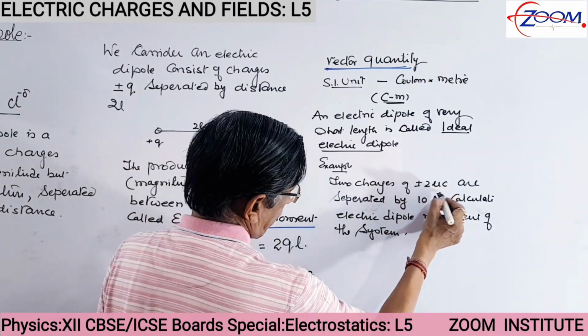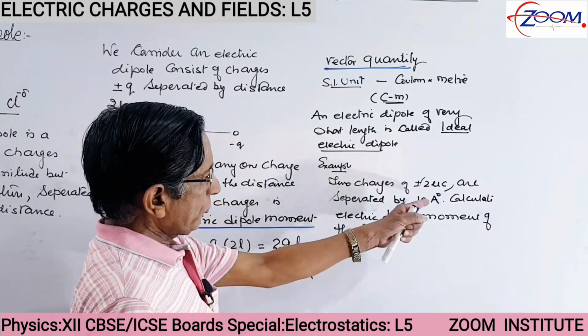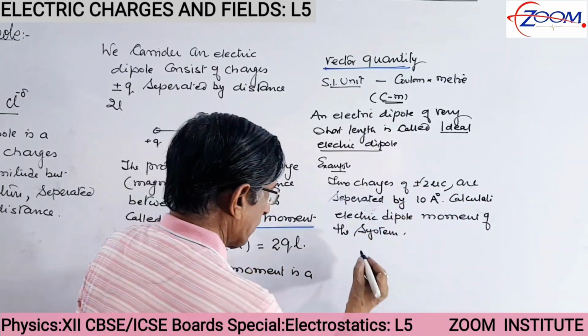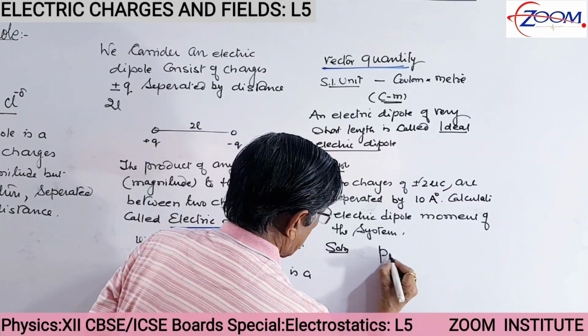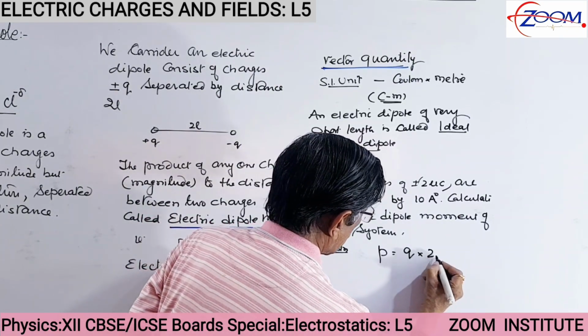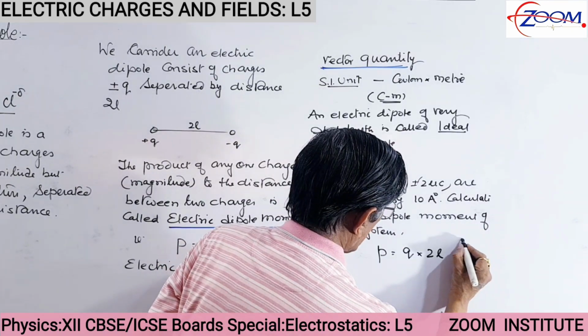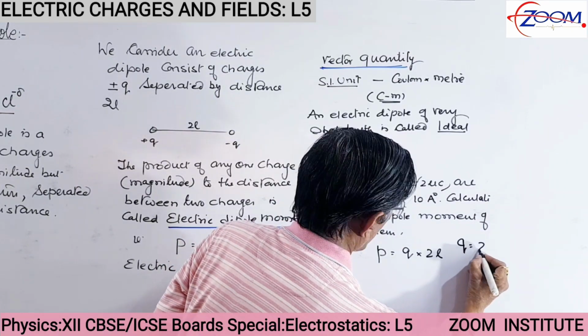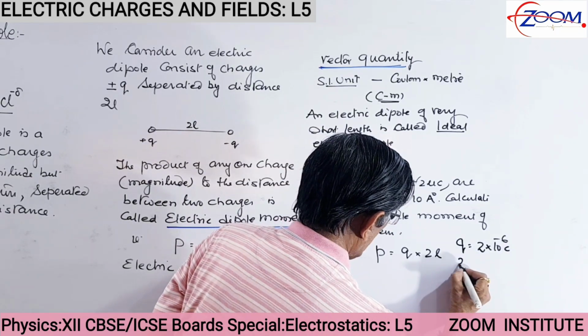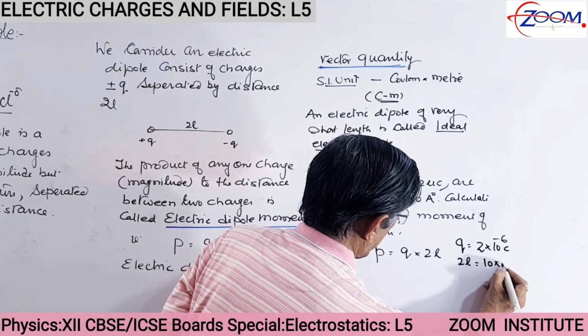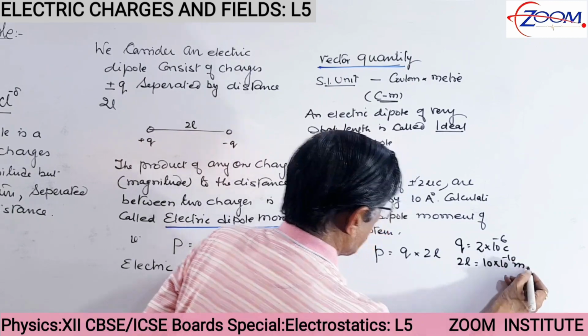Students, charges 2 microcoulomb, the distance between them is 10 angstrom. So, what will you write? P is equal to Q into 2L. What is Q? Q is equal to 2 microcoulomb, 10 to the power minus 6 coulomb. What is 2L? 2L is equal to 10 angstrom, 10 to the power minus 10 meter.